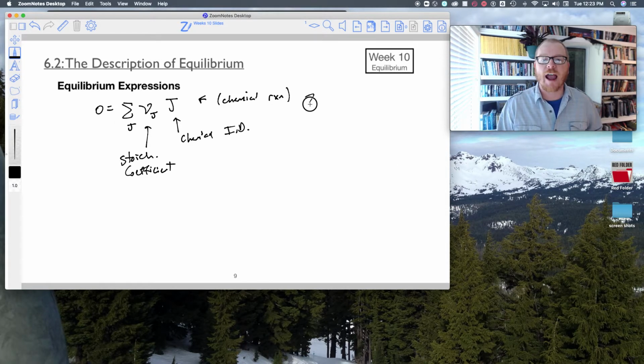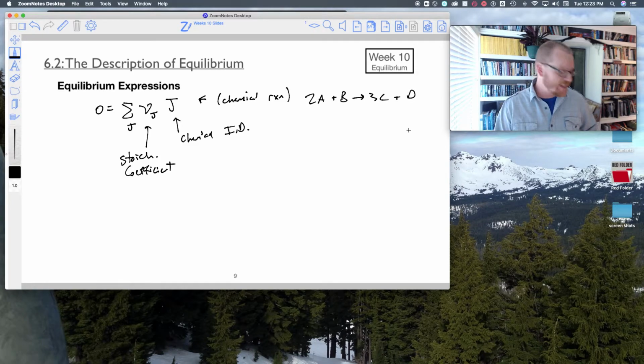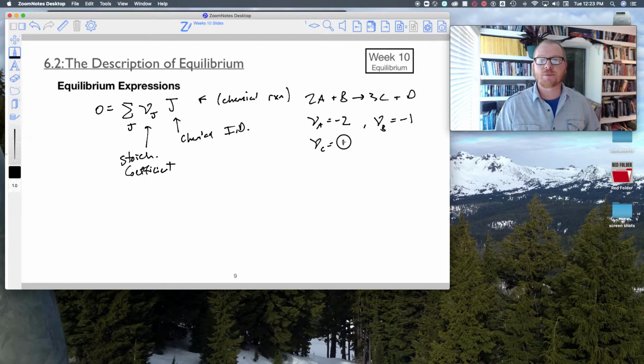So for example, if I have a reaction that says 2A plus B goes to 3C plus D, then first I have to establish all of my stoichiometric coefficients. So nu A equals -2. We put a negative sign for reactants. Nu B is -1, nu C is +3, and nu D is +1.